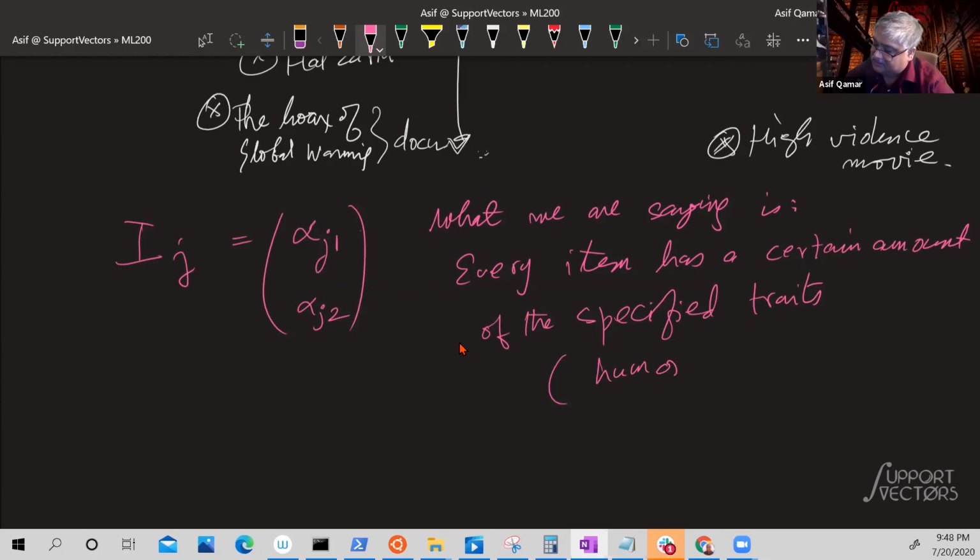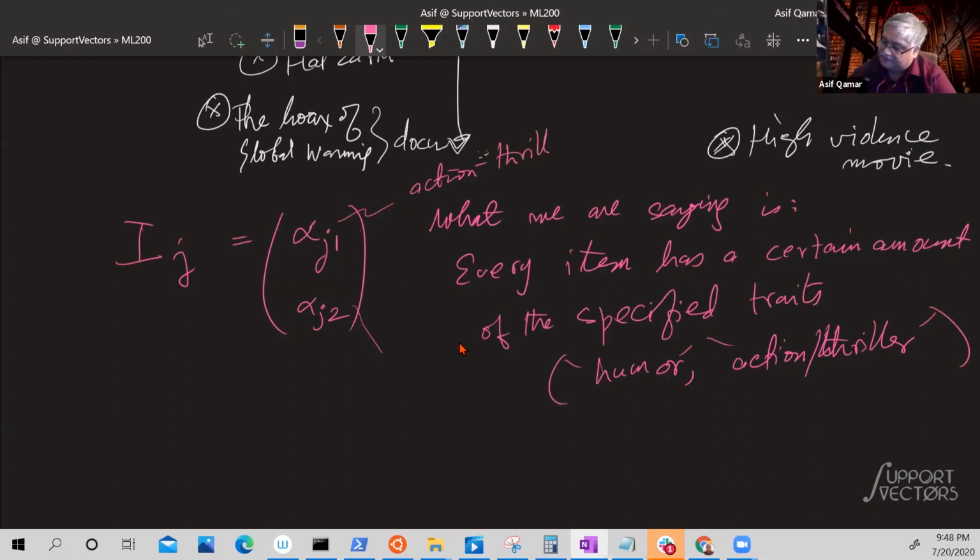Humor and action thriller, isn't it? And how much they have of each of these, I can just write it. This is the action thriller amount, the x-axis, and this is the humor amount. Isn't it, guys? As simple as that.